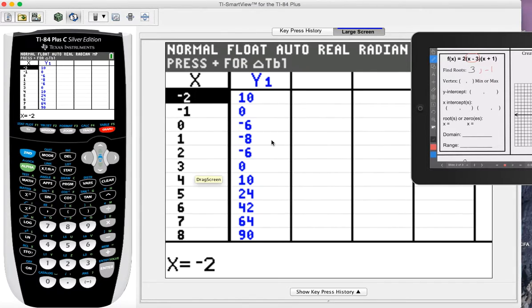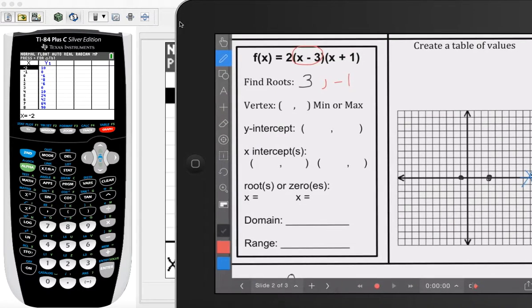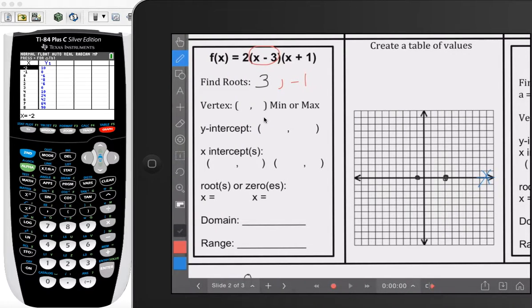Now let's find the vertex. The vertex is the point where everything around it, just as you can see, is symmetrical. So -6, 0, 10, -6, 0, 10. So in this case, the vertex is 1, -8. So let's go ahead and start doing that. So 1, -8 is going to be my vertex.